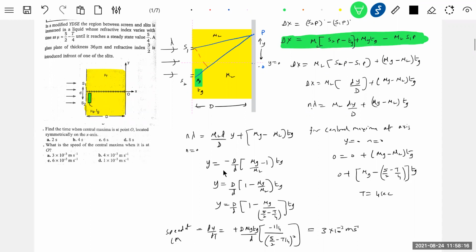I think we have discussed enough problems, different varieties of situations, where I showed how to write this path equation. Rest is all mathematics. When you are doing revision, after reading the question, just think only on this part. After this, it is all mathematics. So like that, in 1 hour, some 20 problems you can easily revise YDSE. Don't focus only on the mathematics. These are the mathematical conditions. If you know this, the rest of everything is fine.